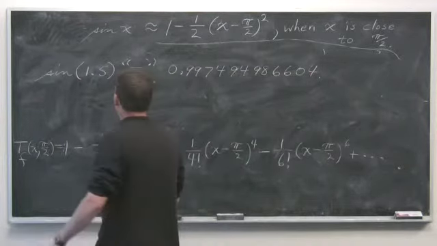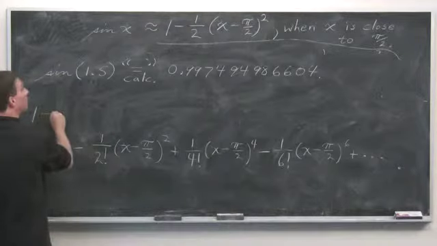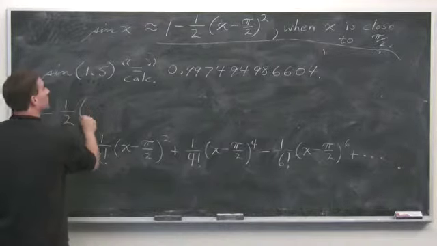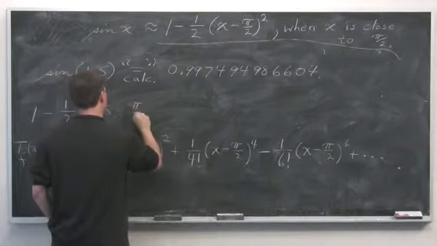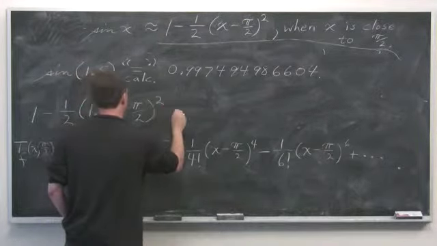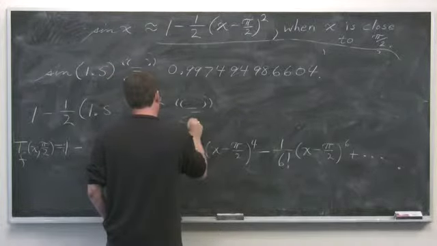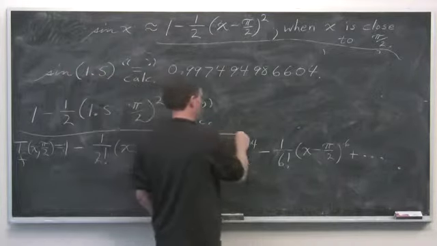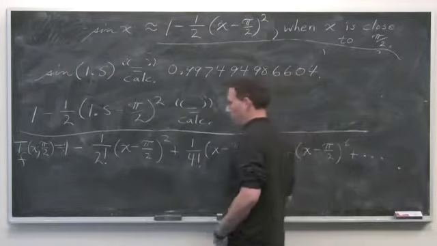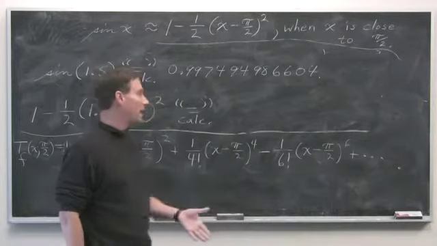Just kidding. What do you get from 1 minus 1/2 times (1.5 minus pi over 2) squared? Now I should make a comment about this. Again, this will be equals according to my calculator. I said at the beginning that part of the point of approximating with polynomials is that you have a prayer of calculating the polynomial by hand.